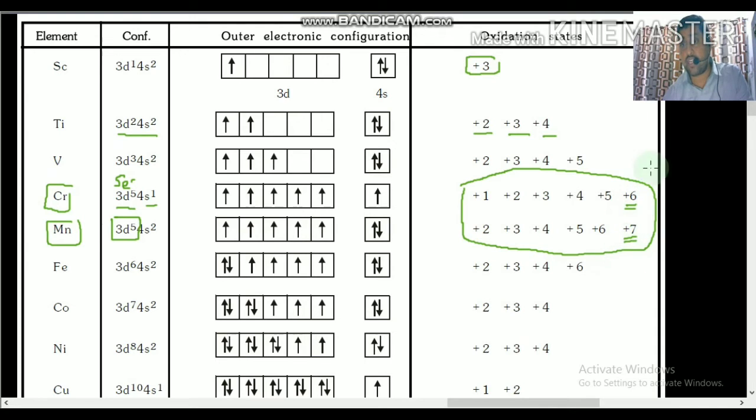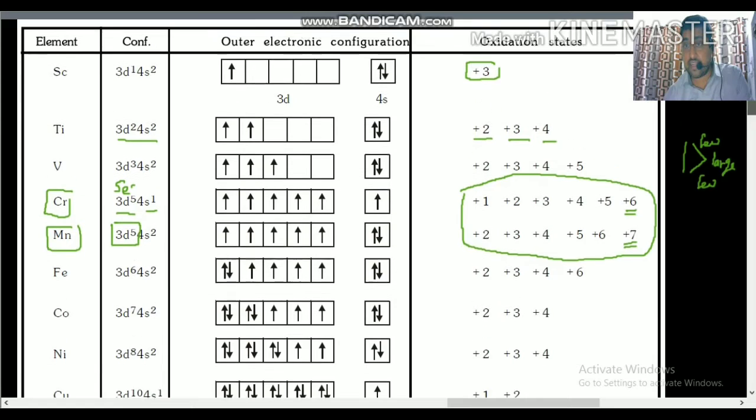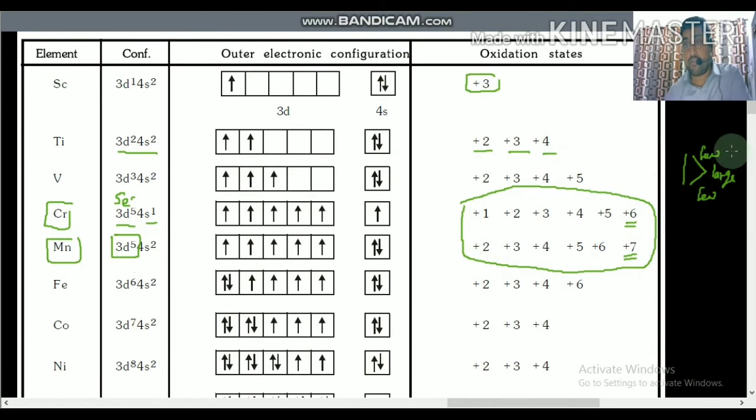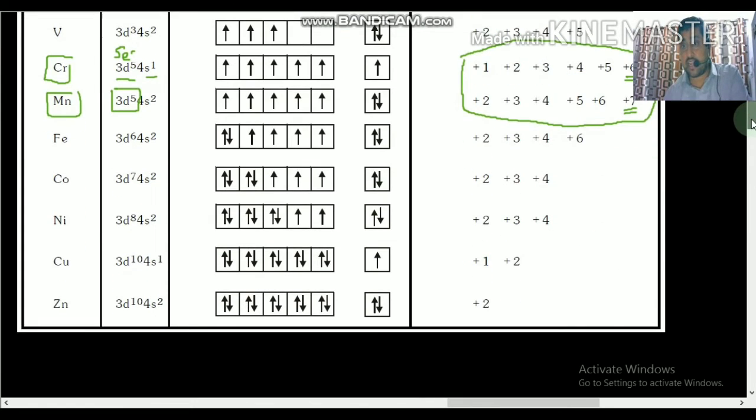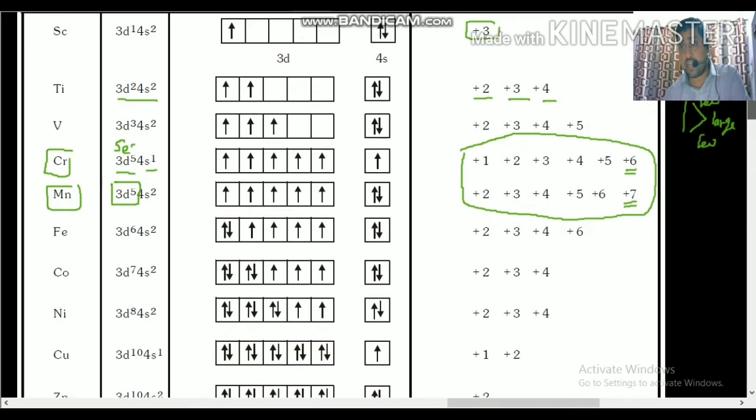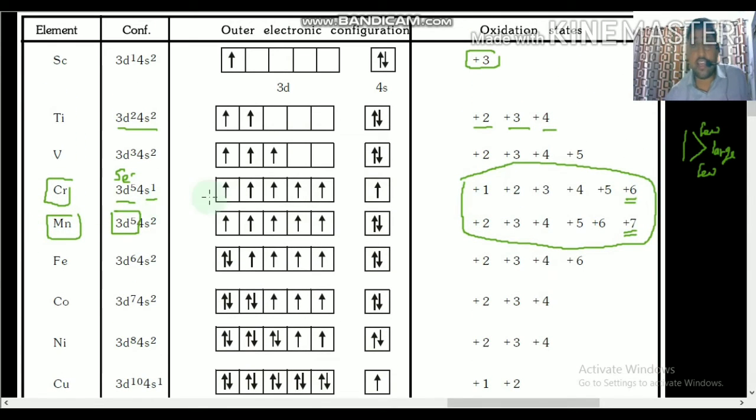So this kind of trend is there: very few at the top, large in the middle, and again 1 or 2 at the bottom, because there they are highest.